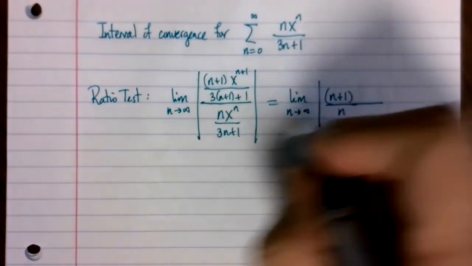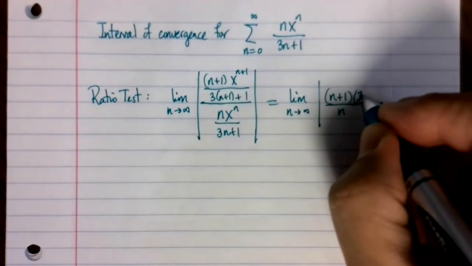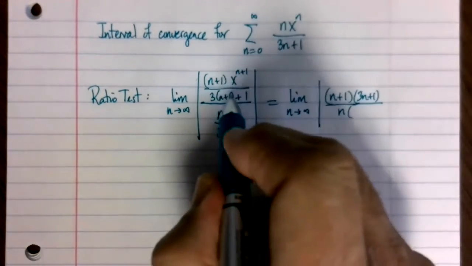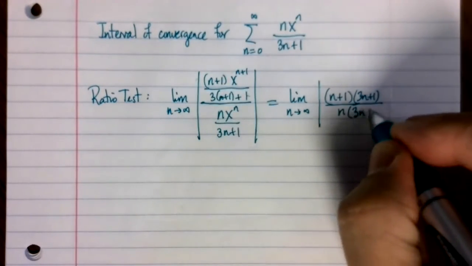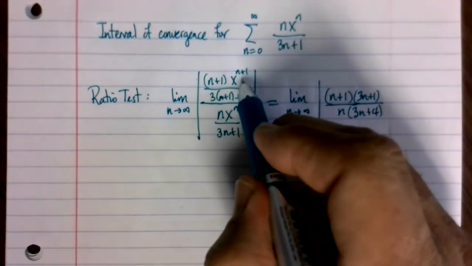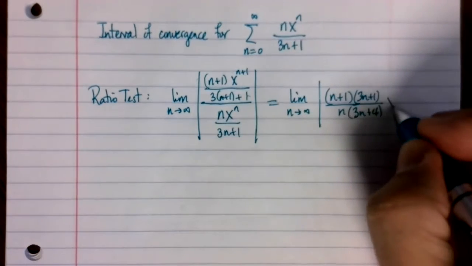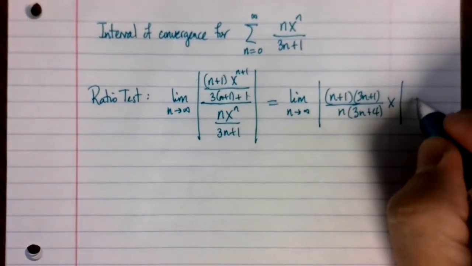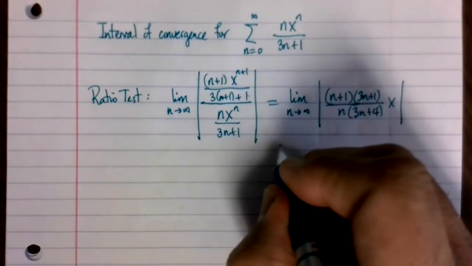We also have the denominator here, so that comes up top, 3n plus 1. This denominator stays low, 3n plus 4. And lastly, x to the n plus 1 over x to the n is just simply x. And I want this to be less than 1.